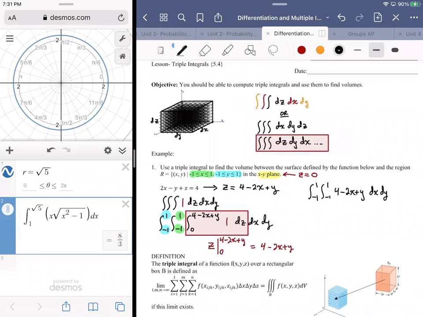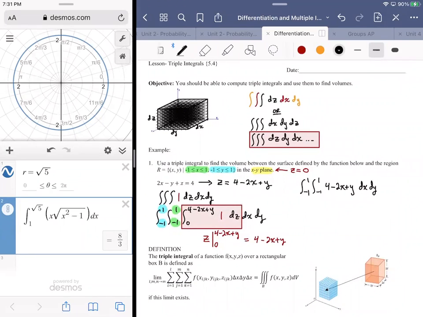So in reality, what we were doing just now is kind of developing an explanation as to why we were using double integrals to find volumes.